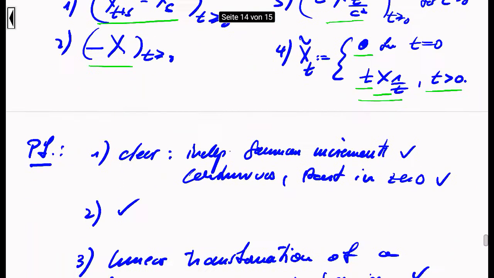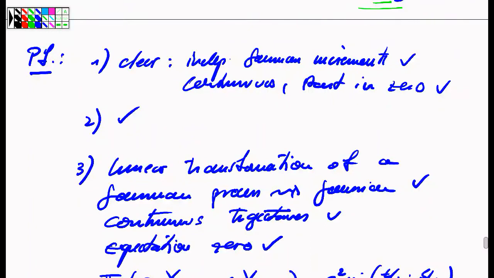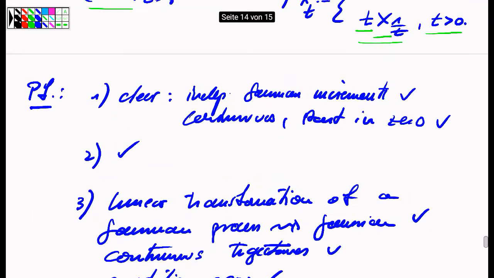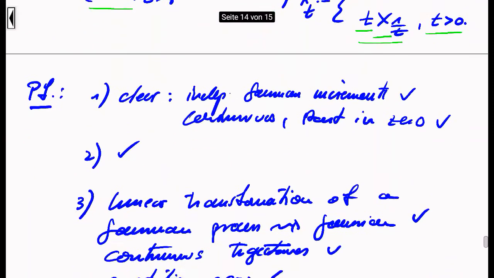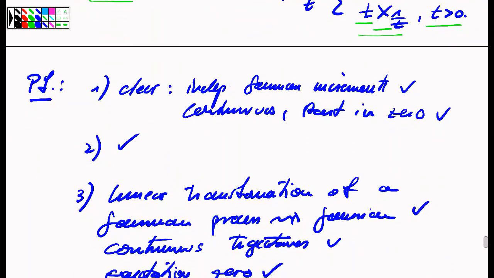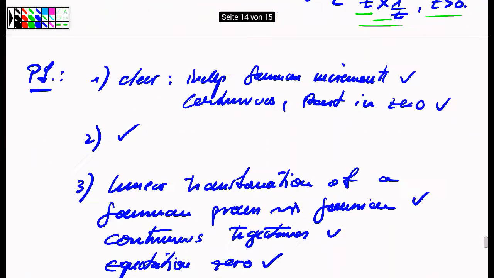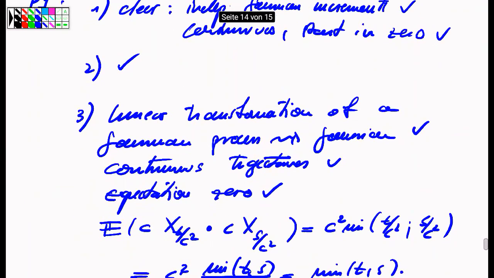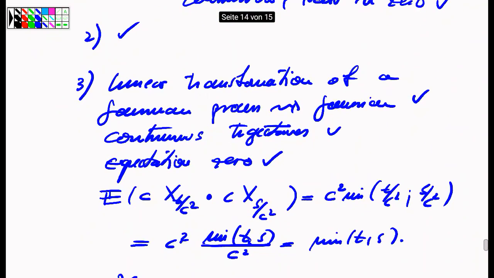Property 3 can now be easily understood, for instance, by saying that this is effectively a linear transformation of a Gaussian process, and a linear transformation of a Gaussian process is again Gaussian, so therefore this new process 3 is a Gaussian process. It has continuous trajectories, and it has a 0 expectation. So all this is correct.